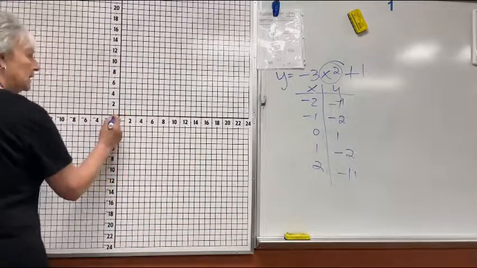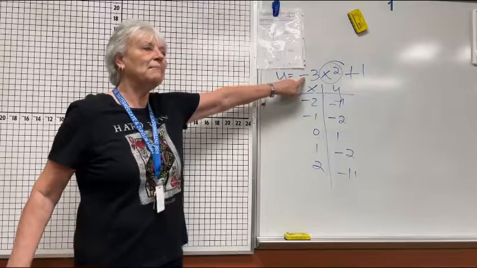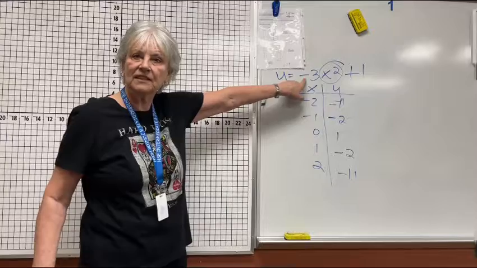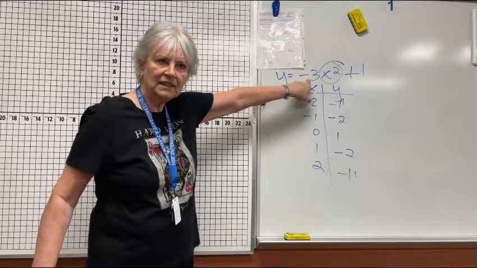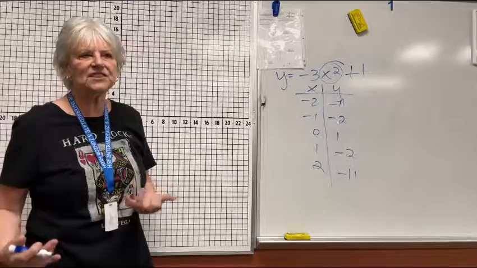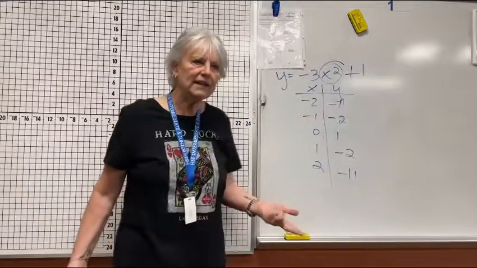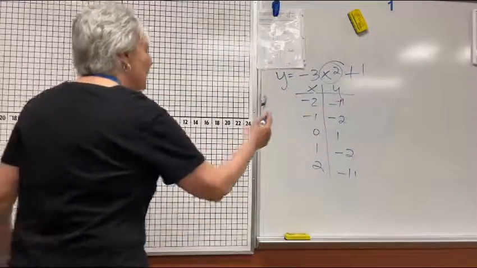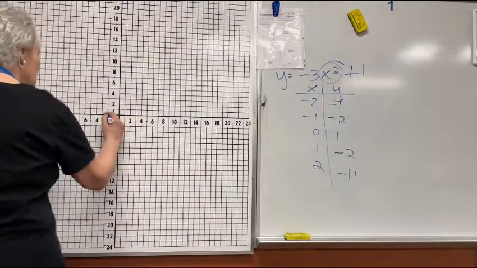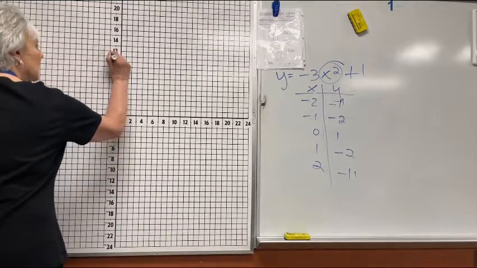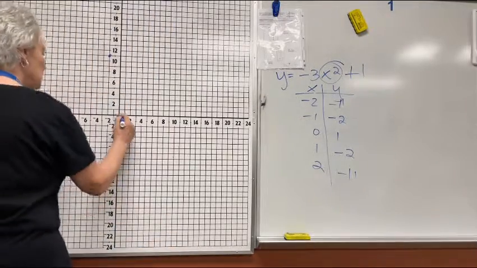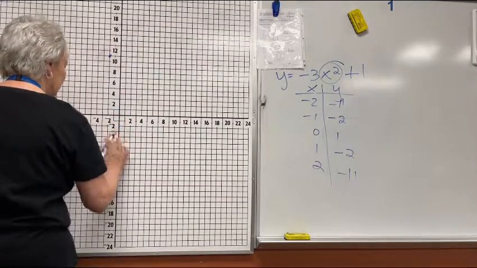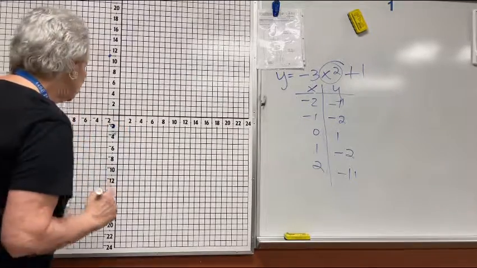Negative 2. Now, I know that my parabola is going to have a maximum, and it's going to be upside down because of that negative 3. Okay, if you know those things, then you don't mess up. If you do something wrong here, you'll know it. Why is it a maximum? Because it's negative 3. Okay, so negative 2, 11. Negative 2, negative 1, negative 2. 0, 1.